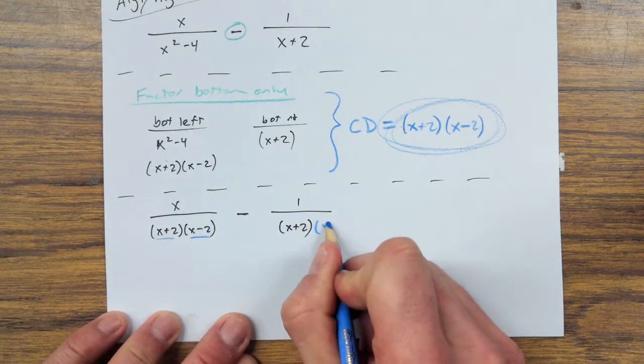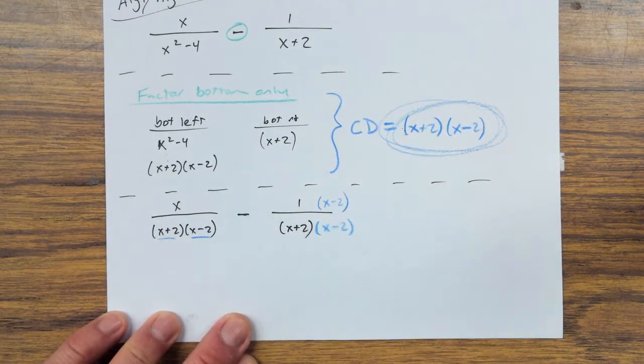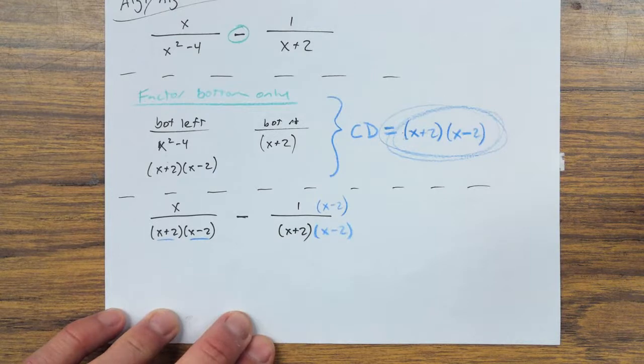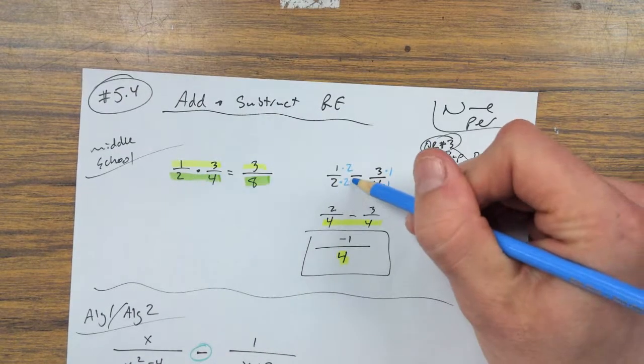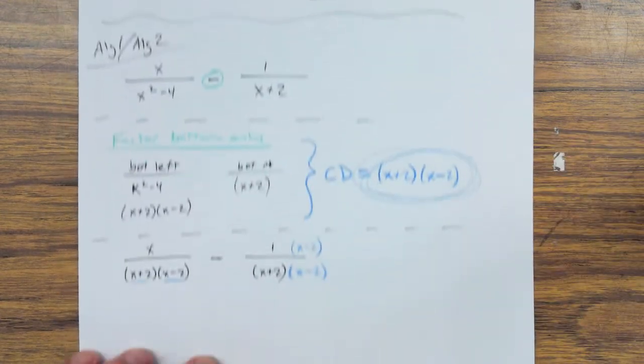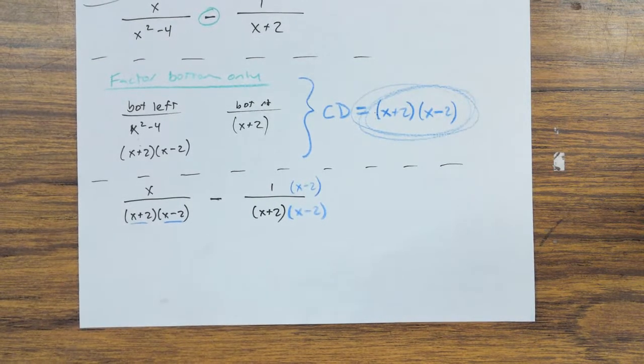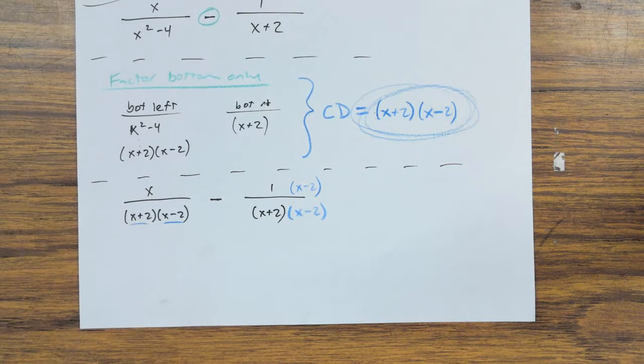So what I'm going to do is multiply by x minus 2, top and bottom. That's like earlier in the middle school problem when we multiplied top and bottom by the 2. It just doesn't look that way, but it actually is the same thing. Everybody okay with that? So far, so good?